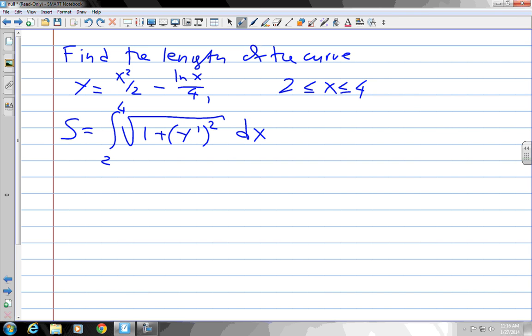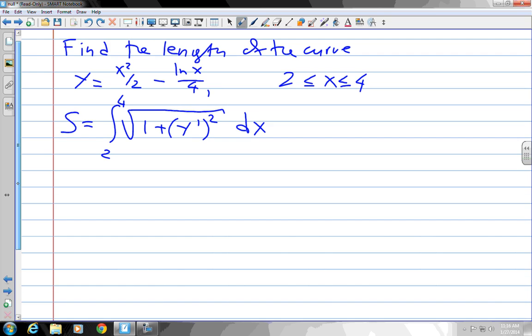It's easier if we do it in steps, don't try to do it all at once. Just take the derivative first, see what you get. Add 1 to it, maybe something good happens. Then maybe it's a perfect square, because you kind of want that to happen because of the square root.